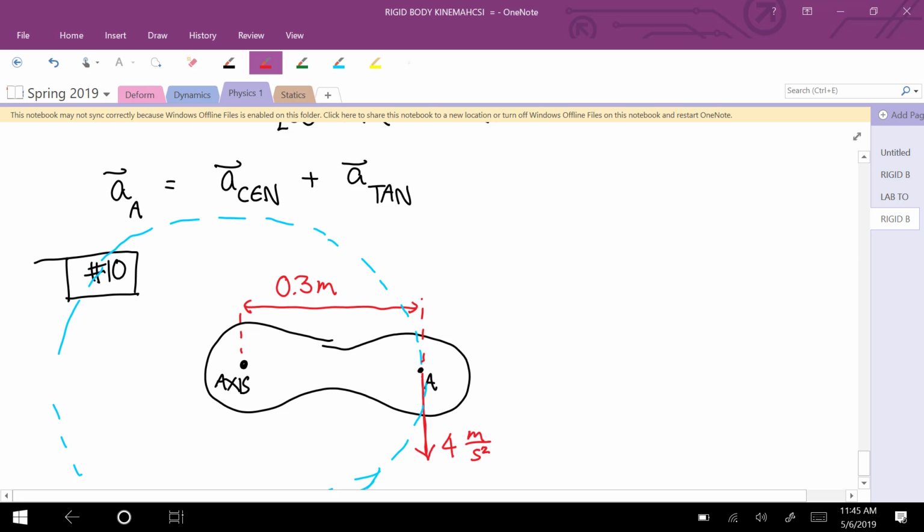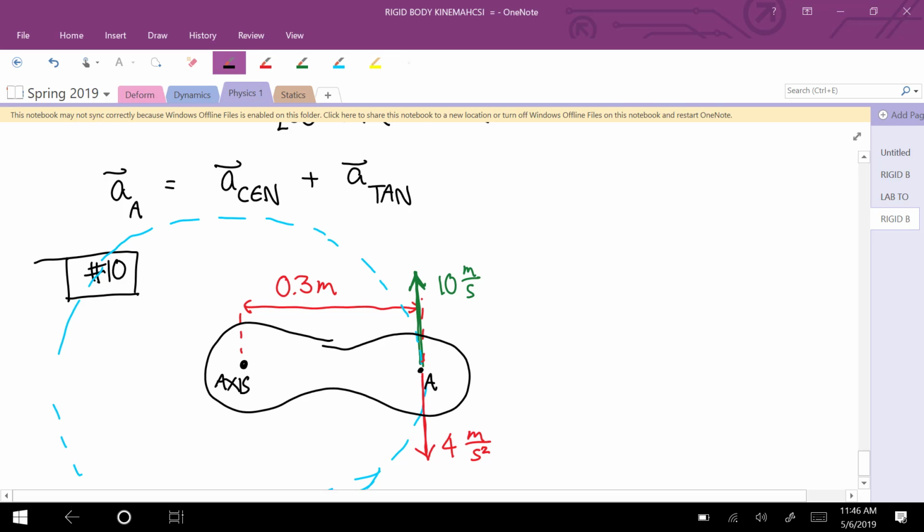And the velocity vector is in the positive y direction with a magnitude of 10 meters per second. And we need to figure out the angular velocity and angular acceleration, and whether it's speeding up or slowing down, that kind of stuff.